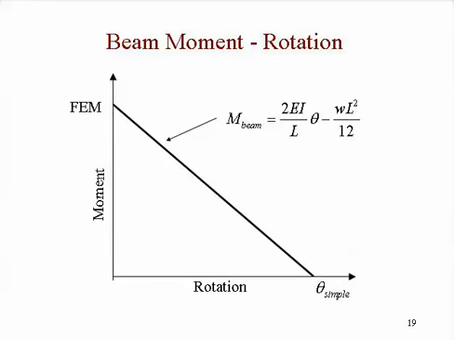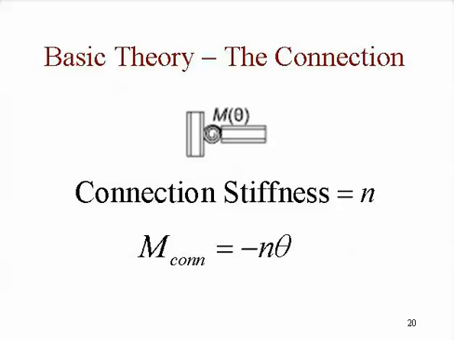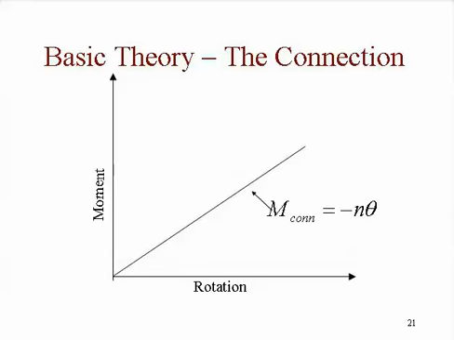Now, let's look at the connection. Okay? So we've got a beam and it's framing into a little spiral here, which is the connection. And the moment in the connection is the stiffness times the rotation of the connection. All right, so that's the connection. And if we plot that on that same moment rotation diagram, it's simply that straight line.